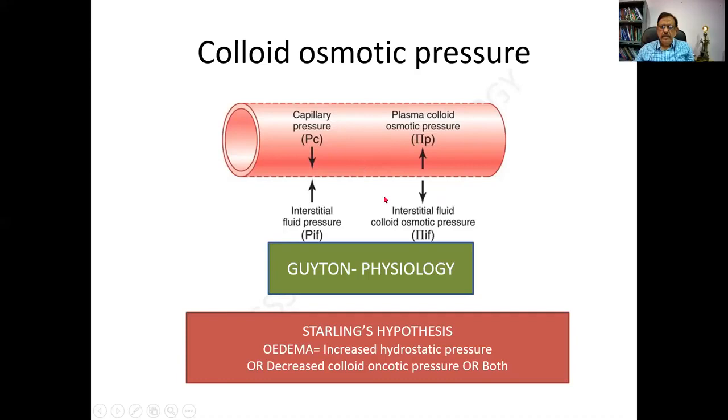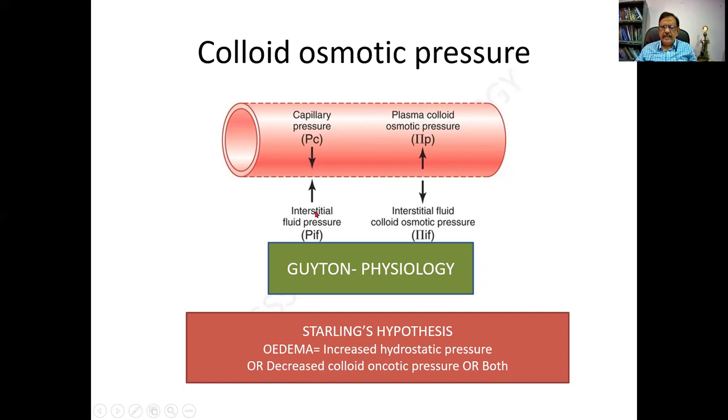This is a picture of the Starling's hypothesis, a topic of importance in general pathology, the edema. Edema itself can be because of an increase in the hydrostatic pressure or a decrease in the colloid oncotic pressure or both. And that is called Starling's hypothesis. And this is a blood vessel. You find that there will be a hydrostatic pressure.